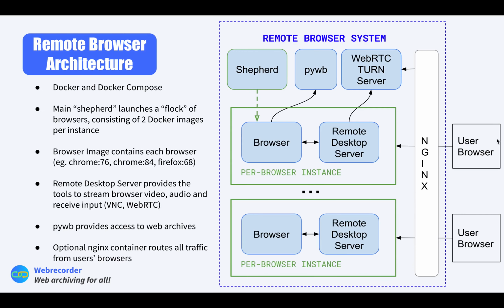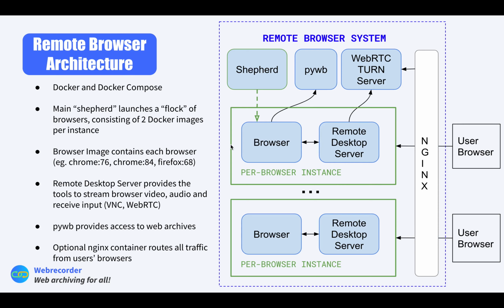So here's a brief architecture of how the system works. It's all Docker-based. Each of these circles here represents a Docker image, and we use Docker and Docker Compose. The main shepherd image here manages what we call flocks of browsers, which is these two Docker containers.